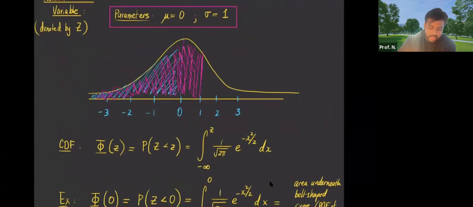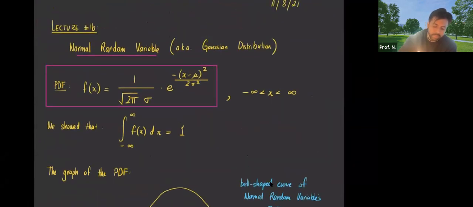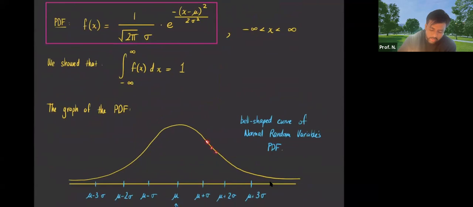When you look at the PDF of the standard normal random variable, this one here, it's a function, so you can actually compute the PDF. It gives us the point on the graph.